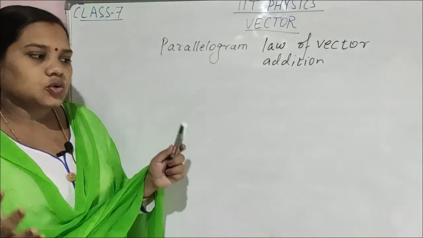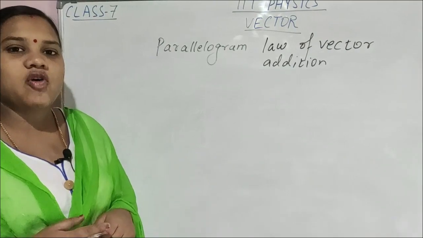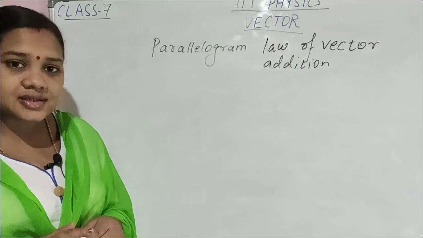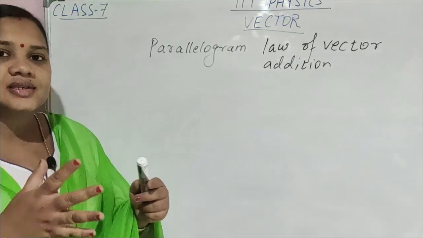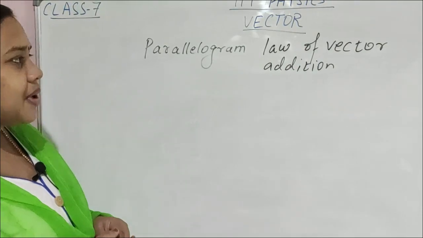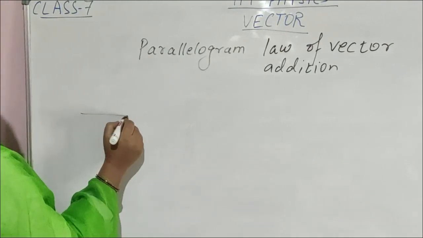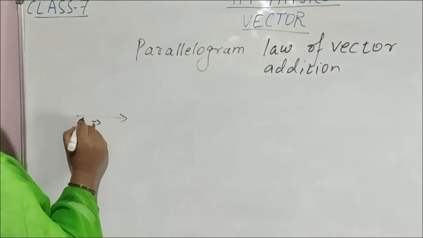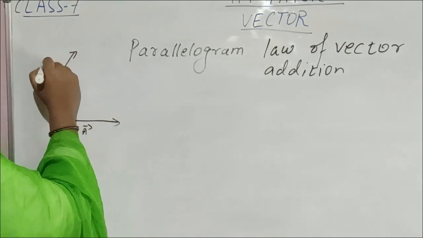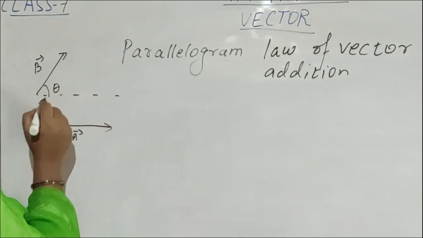Why, when two or more vectors are combined, added, do they form a single vector? That single vector is known as the resultant vector, and this process is known as vector addition. Clear now, children? In the parallelogram law of vector addition, suppose there is vector A and another vector B. Vector B makes angle theta with the horizontal.